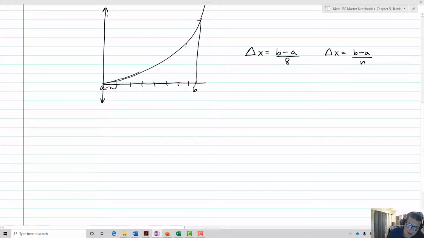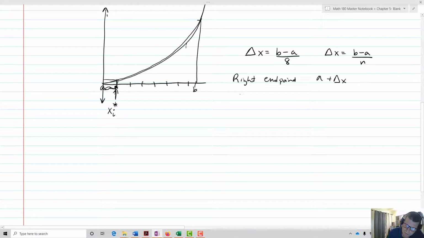Then I've got two values. One is the values of each one of these x's. We're going to call them xi, or xi stars, and we'll use right endpoints. So this one right here, the first one, is a plus delta x, because delta x is the distance from a to this first line, and we start at a, so a plus delta x gets me to the first right endpoint.